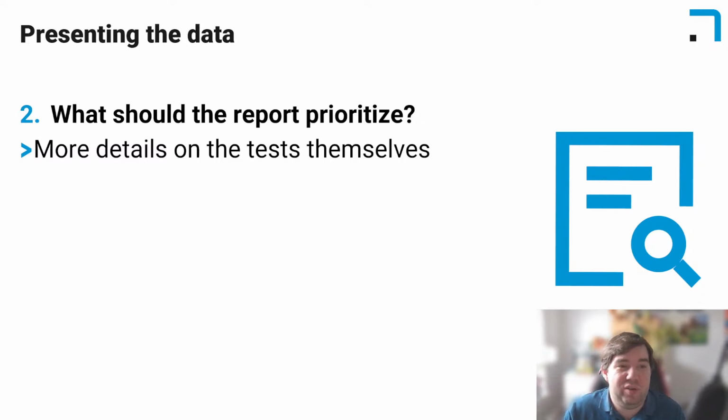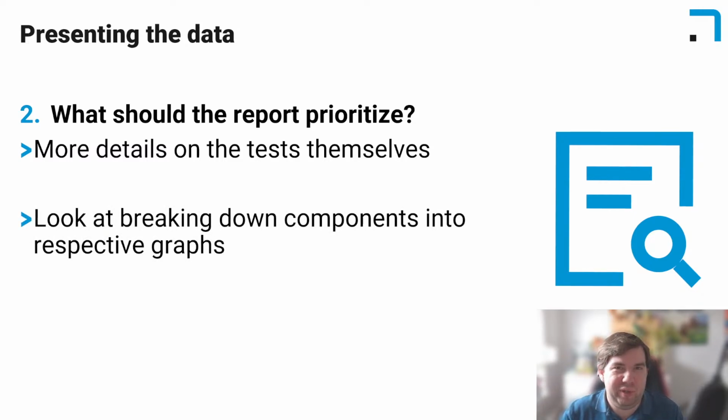A great way to do this is to break down components into respective graphs. Maybe we have each individual feature on its own graph that we can identify and have a look at. Maybe we're looking at those priority levels and defect closure rates. We can have a look at a lot of information that is dependent on what your client wants to see.